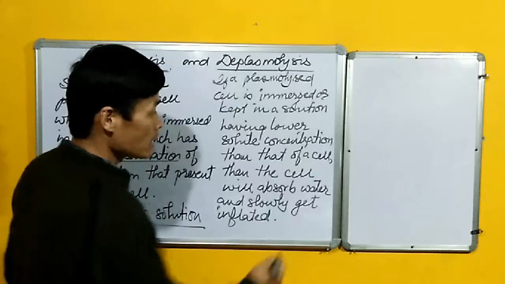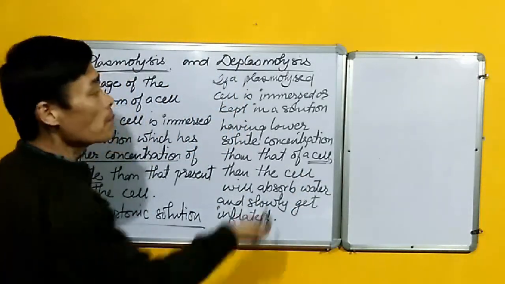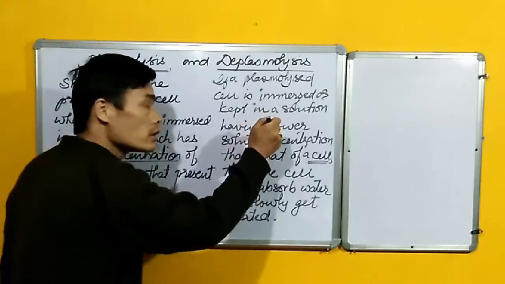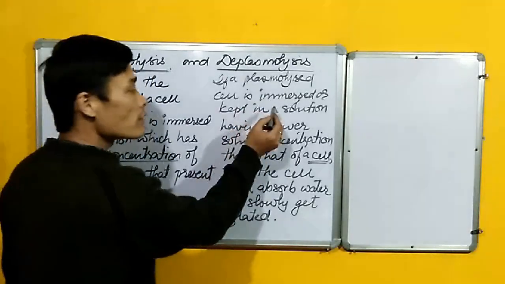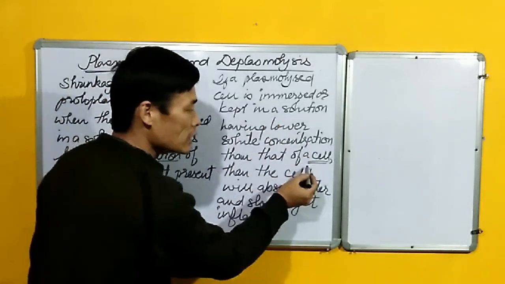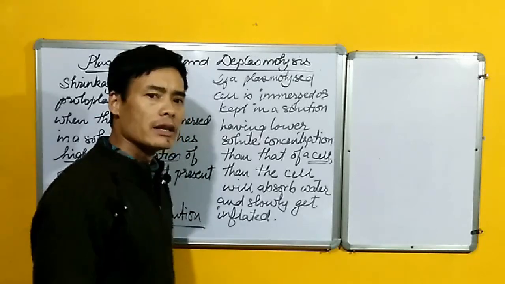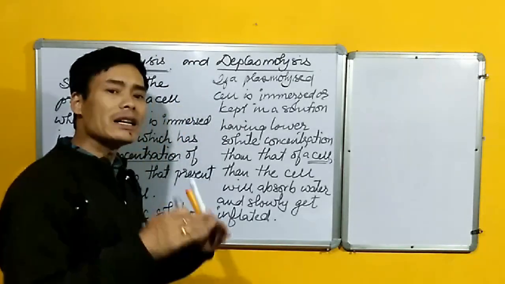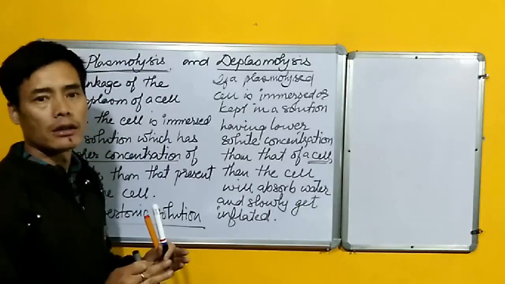Here the cell has a higher concentration of solute compared to the solution in which it is immersed. So water from this solution begins to enter into the cell, and slowly in due course of time, the cell begins to reattain its shape and size.